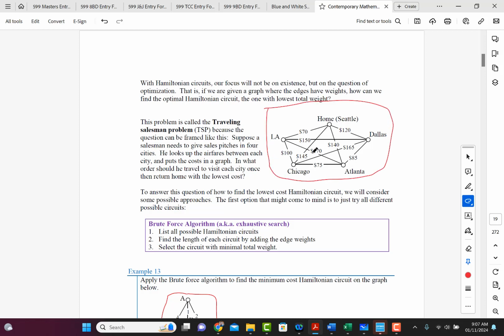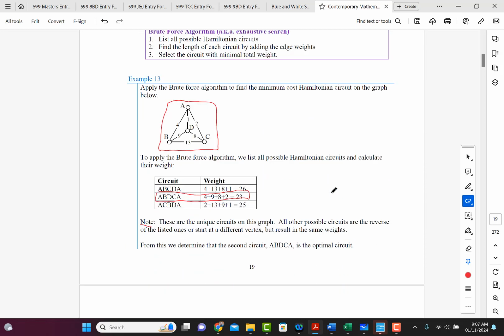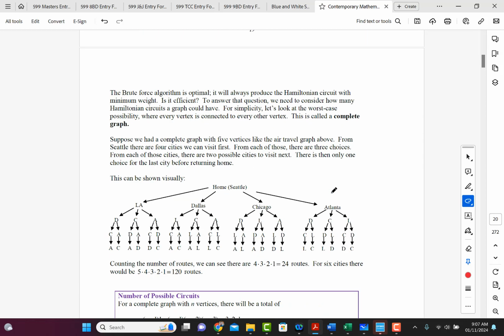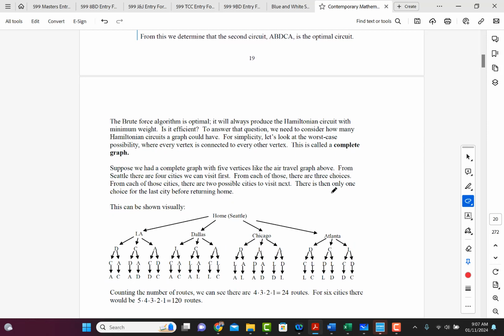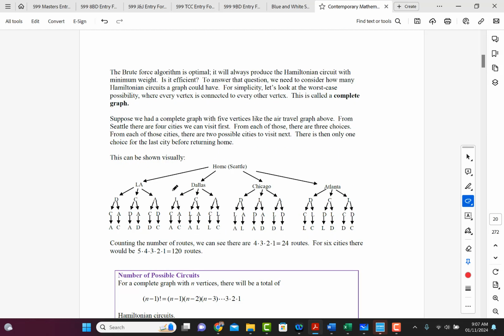So we've got 5 locations that the traveling salesman has to travel to. Now, from Seattle, there are 4 cities. Let's say this is our home base, Seattle. From there, we have 4 cities, so we're going to travel to one of these 4 cities.